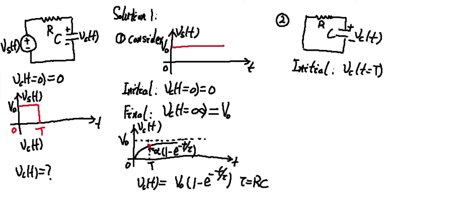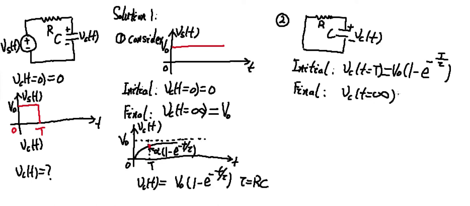And we can analytically express it, that will be V0 times (1 minus e to the minus T over tau), using the results that we obtained from the first step. And we can also decide what is the final state for the capacitor voltage when t equal to infinity. When t equal to infinity, the capacitor is fully discharged. There is no voltage, no current inside the circuit. So Vc at t equal to infinity is equal to 0.